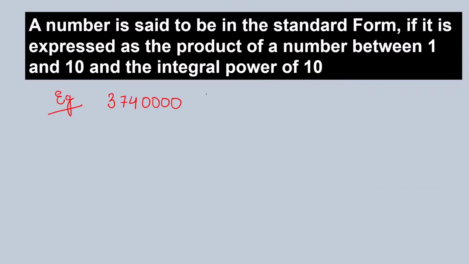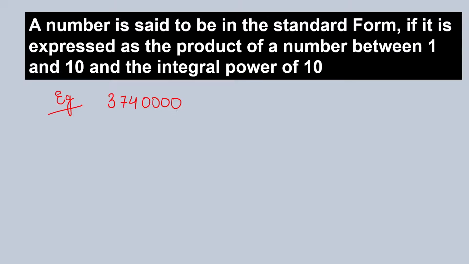Let's take another example. Here my number is 374 and 4 zeros. Convert this number into standard form. In order to convert this into standard form, this number should lie between 1 and 10, and right now this number is definitely much bigger than 1 and 10.